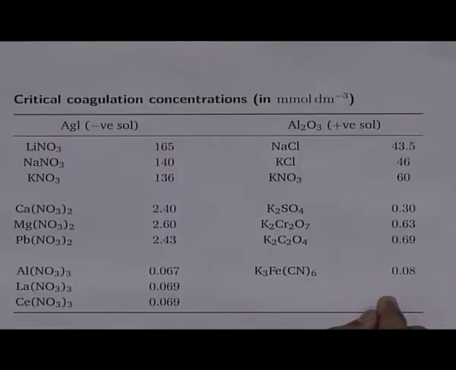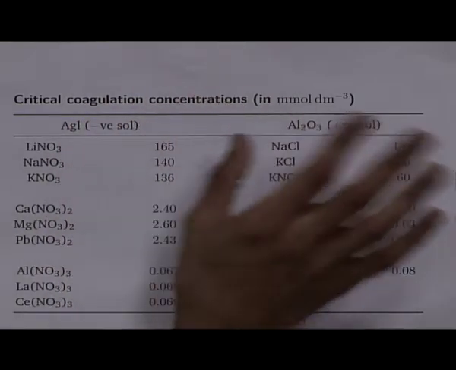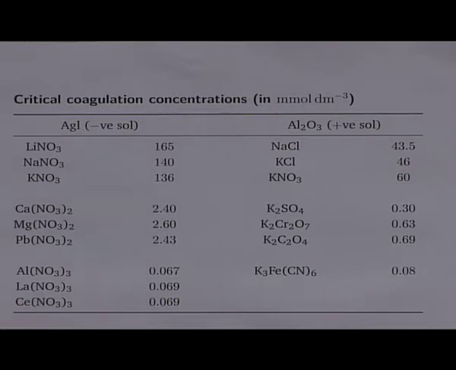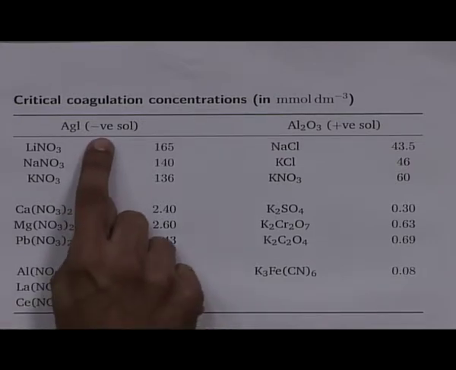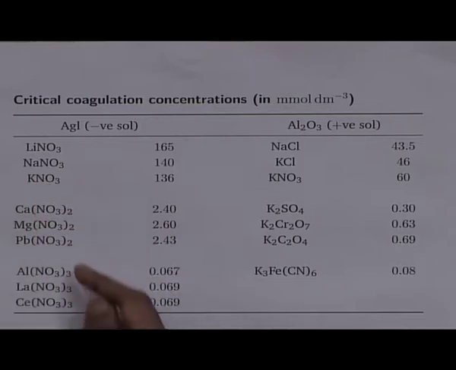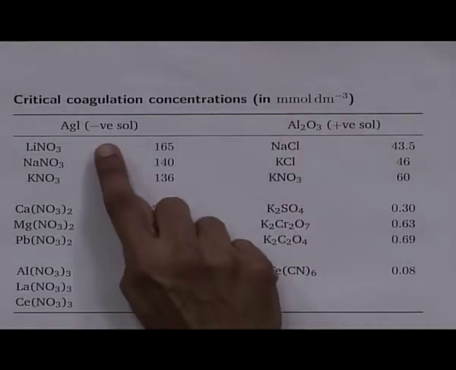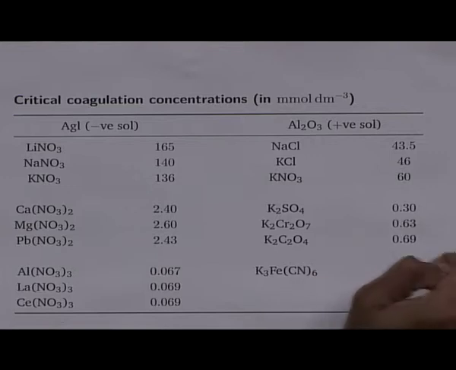So, here is a table which gives you the concentration of the added electrolyte required for what is called coagulation, which is nothing but flocculation. And I have two different sols. I have a negatively charged silver iodide sol and a positively charged alumina sol, and I have listed various electrolytes and the concentration of each required for coagulation of these two sols.